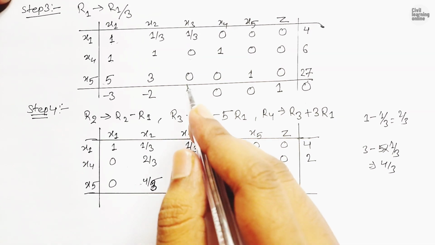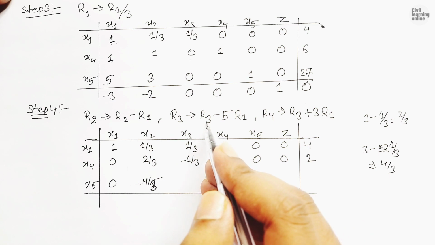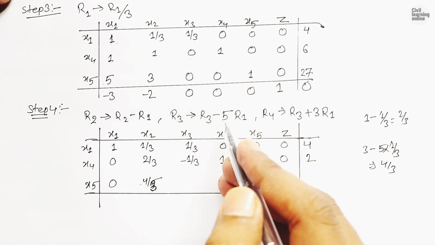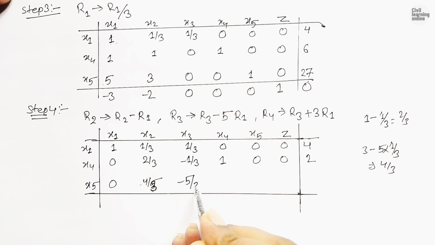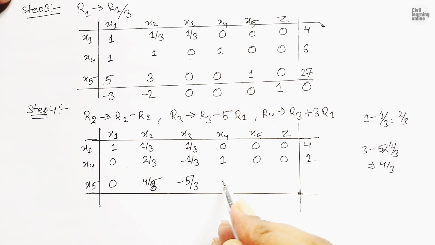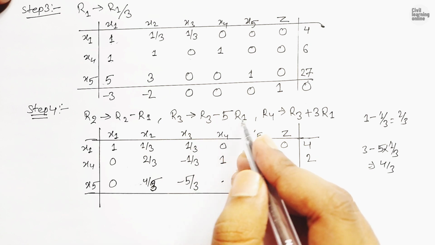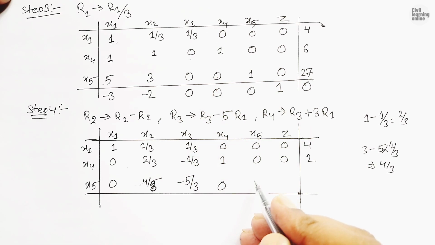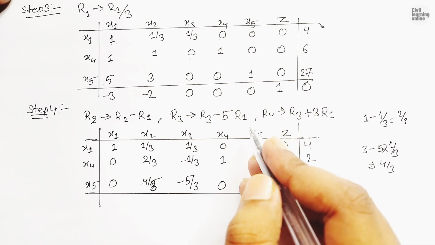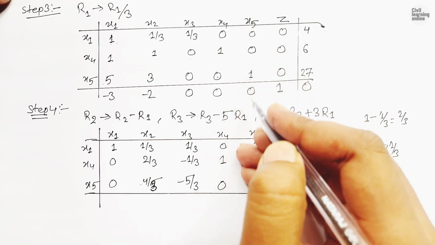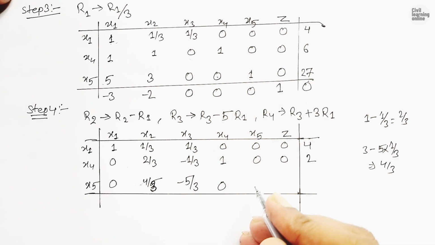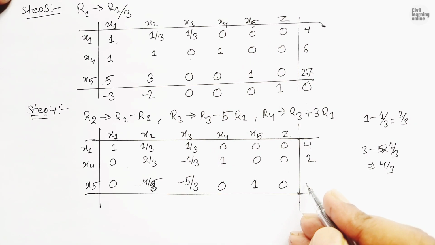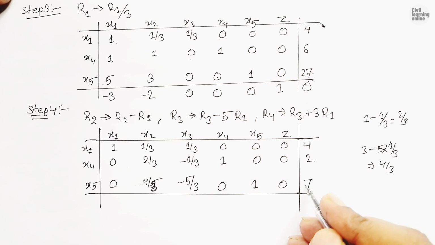Now R3 means 0 minus 5 times 1 by 3 means minus 5 by 3. Again we have here 0 minus 5 times 0 is going to be 0. You can see here 0 and 0. Again we have 1 minus 5 times 0 is going to be 1, and here we have 0, and 27 minus 5 times 4 is going to be 7.